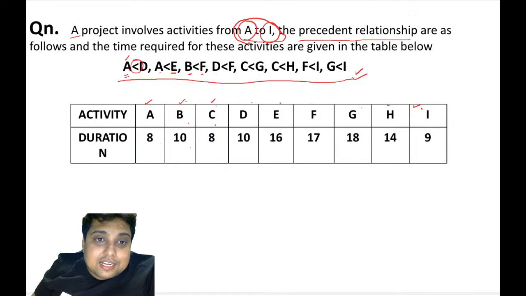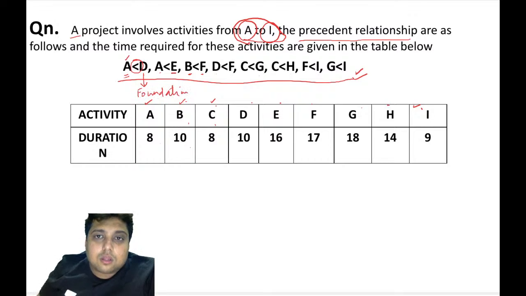Let us consider that activity D is nothing but foundation work. So before you want to do the foundation work, you will have to make sure that you purchase the land, my dear friend. So let us say that activity A is purchasing the land.